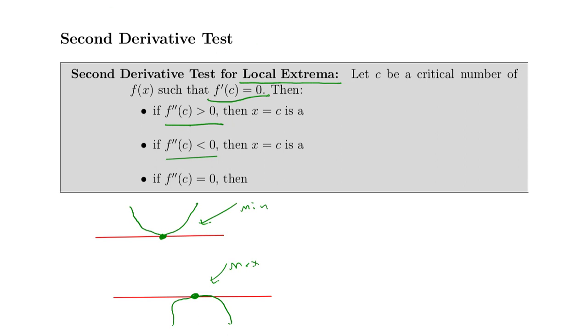So if the second derivative is positive, concave up, that means our point is sitting at the bottom, and so this is a local min. Now really, when we refer to this, we would think of f of c, the y value. Similarly, if our function is concave down, if the second derivative is negative, then we've got a local max. And again, that's at the y value, f of c.